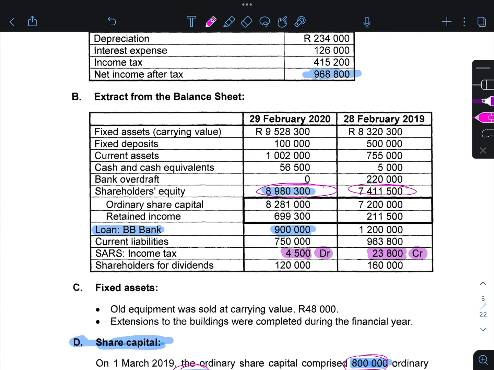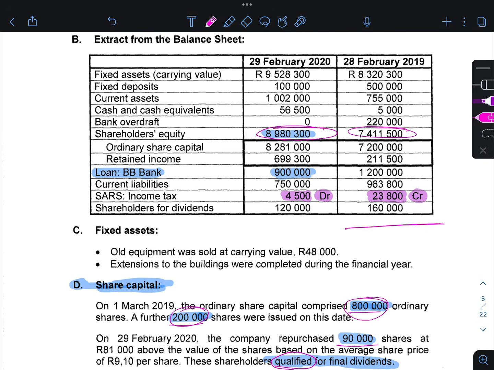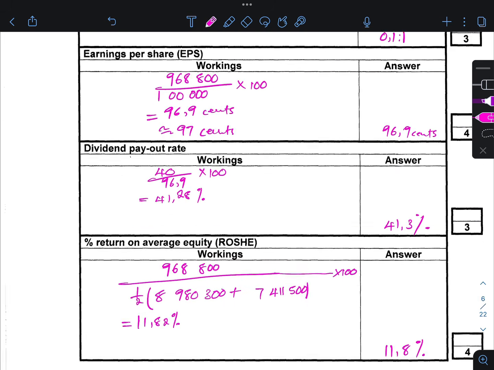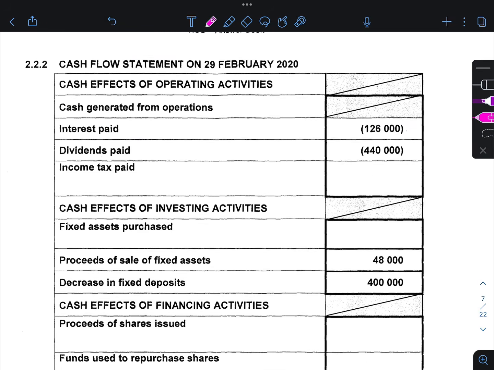Remember that your SARS income tax is a liability, so it increases on your credit side. We opened with a balance of 23,800, and then we closed off with a balance of 4,500.